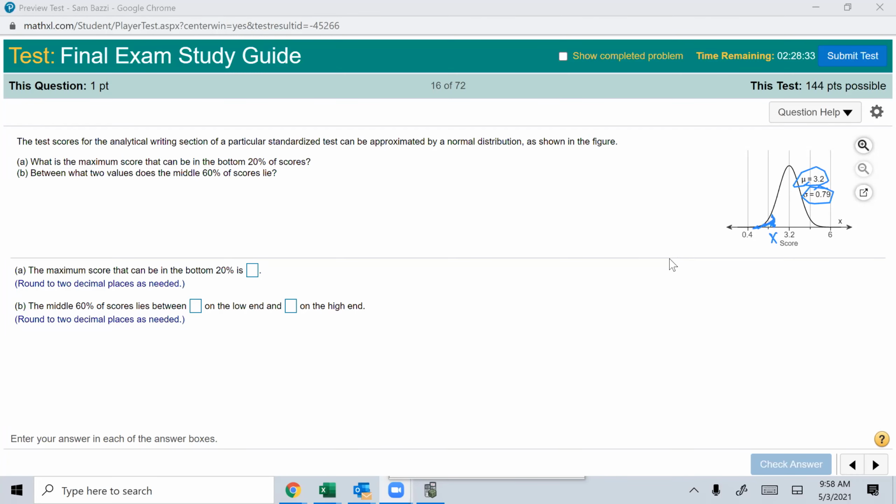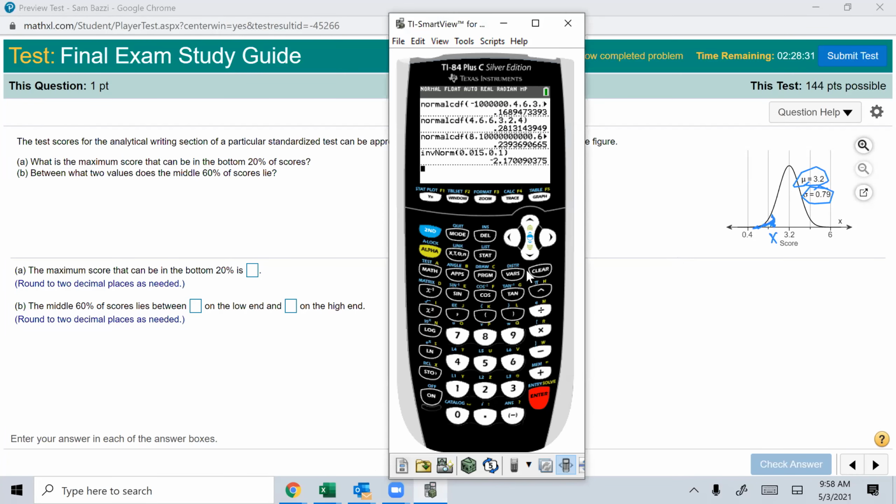Okay, so let's bring the calculator back up. Let me clear everything. Second, distribution. Inverse norm. Okay, so 0.2. Mean is 3.2. Standard deviation is 0.79.